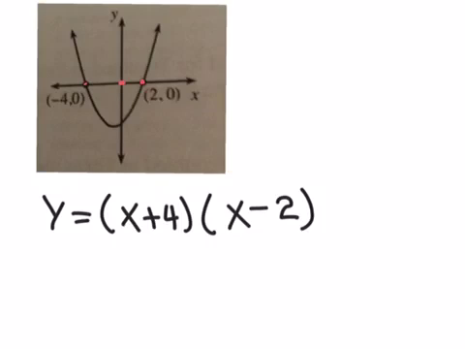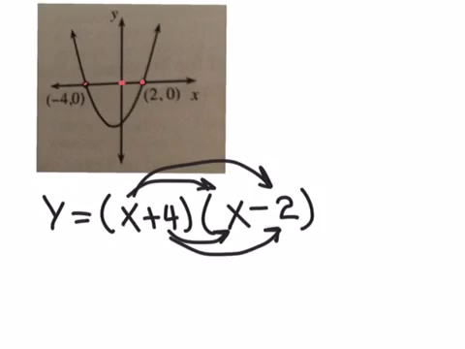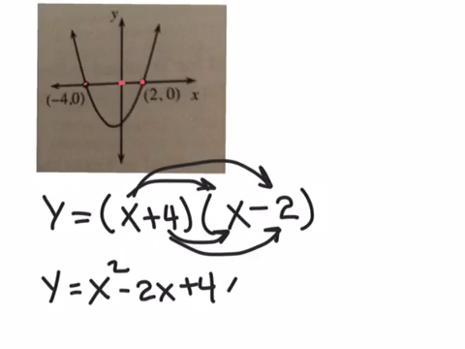And then if we multiply this thing out, we're going to multiply everything times everything like this. And we end up with y equals x squared minus 2x plus 4x minus 8.